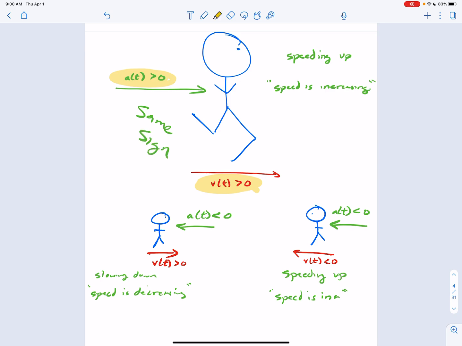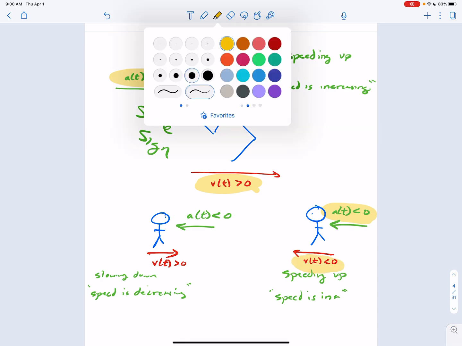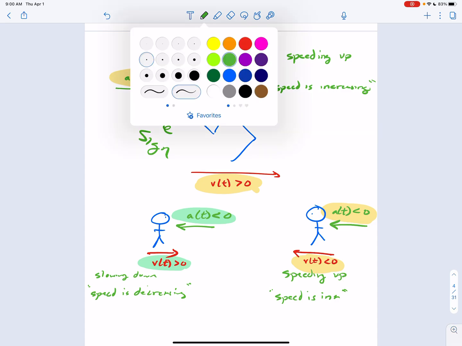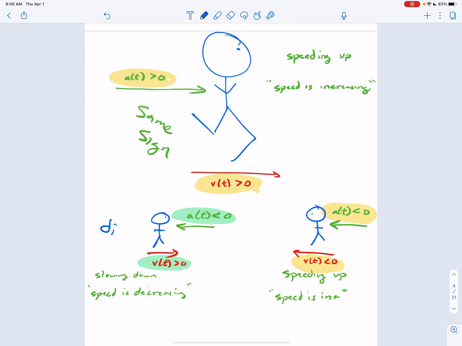Notice how when acceleration and velocity share the same sign, you're speeding up. Now notice how when you have opposite signs, or different signs, you're slowing down.